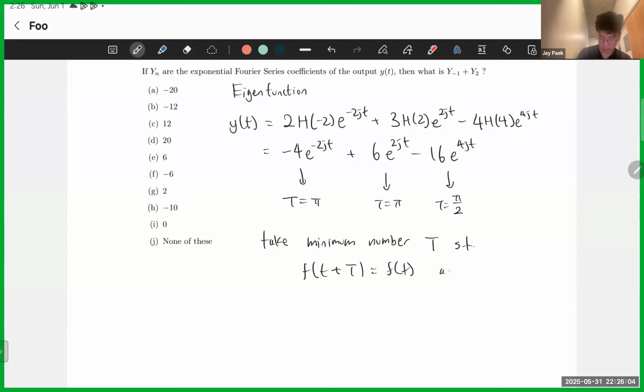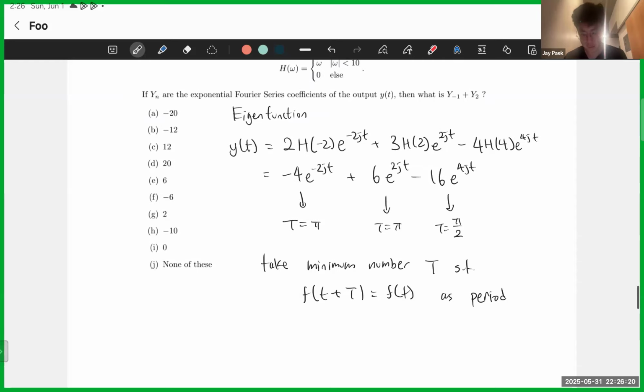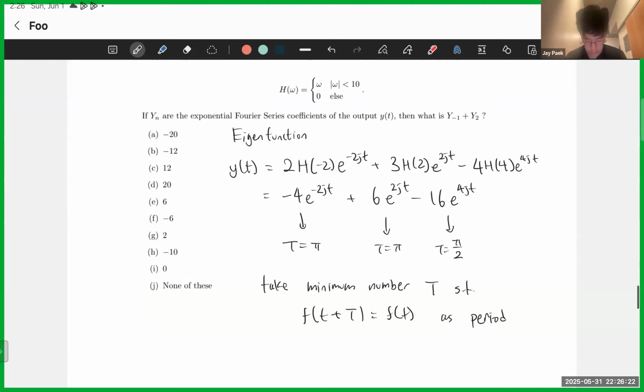So that's the intricacy here. We don't want the willy-nilly, oh, but the period could be 8 pi. No. If the smallest number such that it's periodic is pi, then we'll say that the period is pi. That is all.